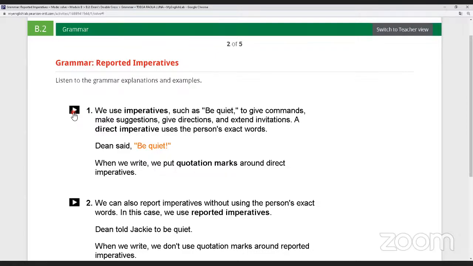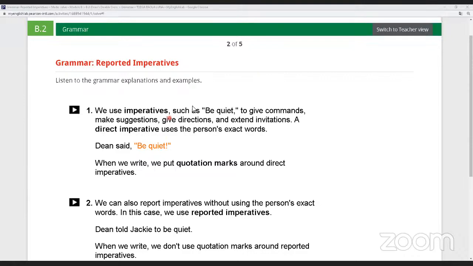Okay, so the first thing that we have to know about this lesson is what is an imperative, right? We have direct imperatives, and I don't know if you have seen something like this. Okay, can you listen to me? Yes, Miss.